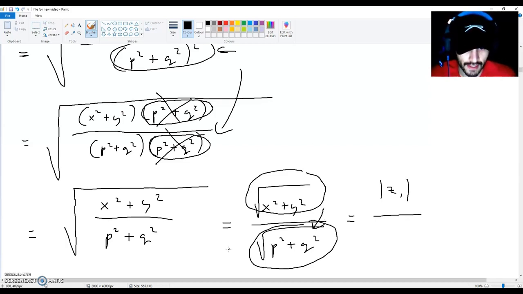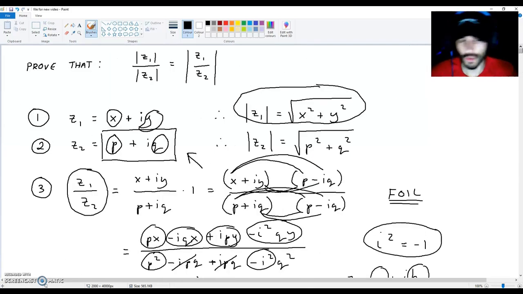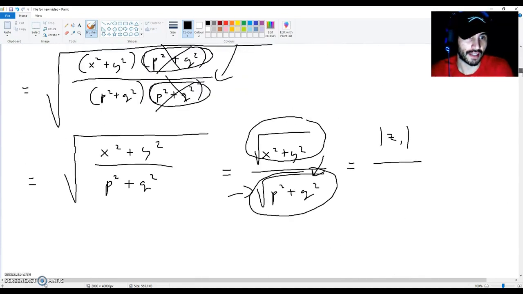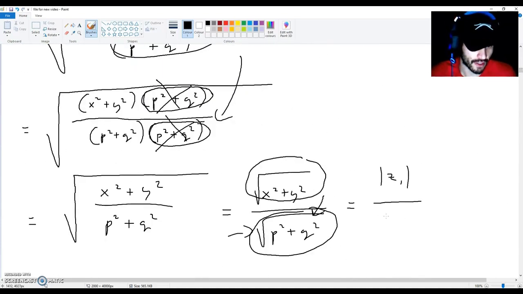But according to the rules we set out at the start of the video, this is equal to the magnitude of Z2, and this goes at the bottom of this fraction.